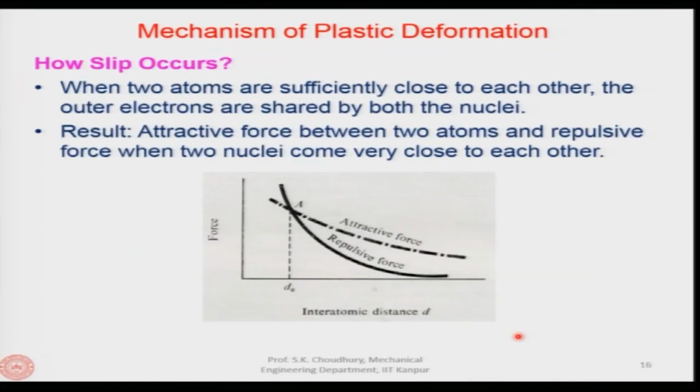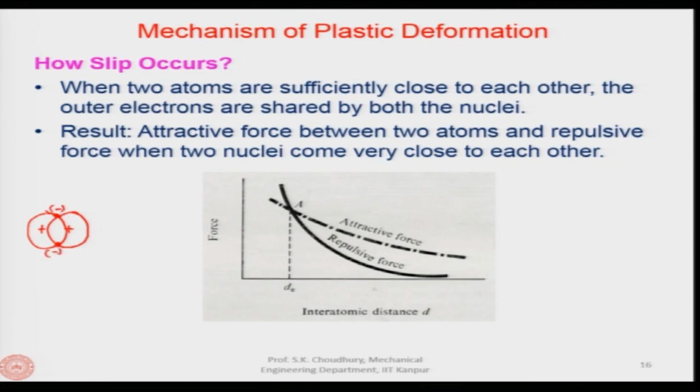Now, for the mechanism of plastic deformation to continue, let us see how this slip occurs. When two atoms are sufficiently close to each other, the outer electrons are shared by both the nuclei. Suppose there are two atoms here and they are sufficiently close. Here is the nucleus of one atom, here is the nucleus of another atom, and here are the outer electrons of both of them.